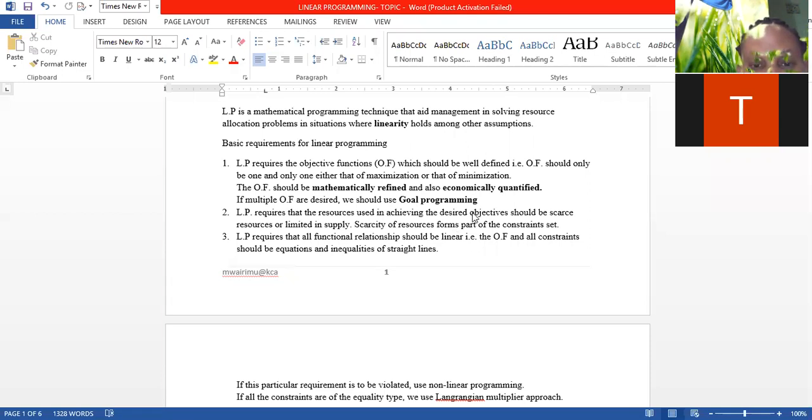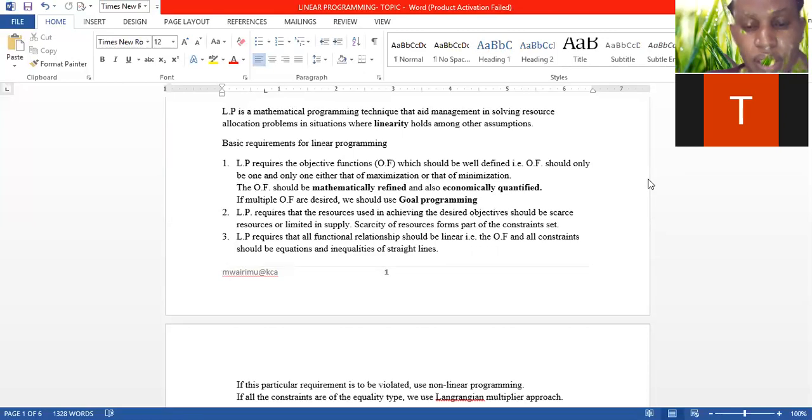If you remember from our topic number 1, we said that a linear function can only relate two things, that is, one variable plotted on the y-axis and another variable plotted on the x-axis. So when the number of decision variables goes beyond 2, you cannot use, for example, the graphical method.